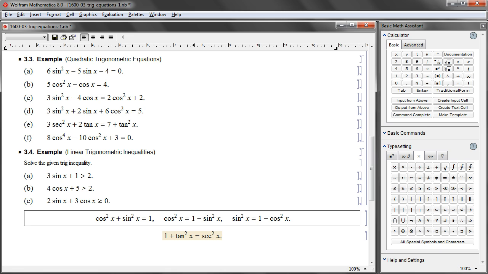One way to see this, well, we begin from the Pythagorean identity, the original one, and then divide both sides by cosine squared.